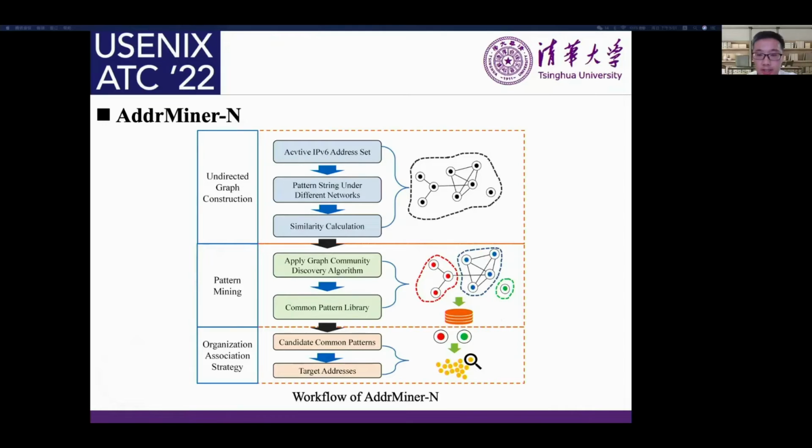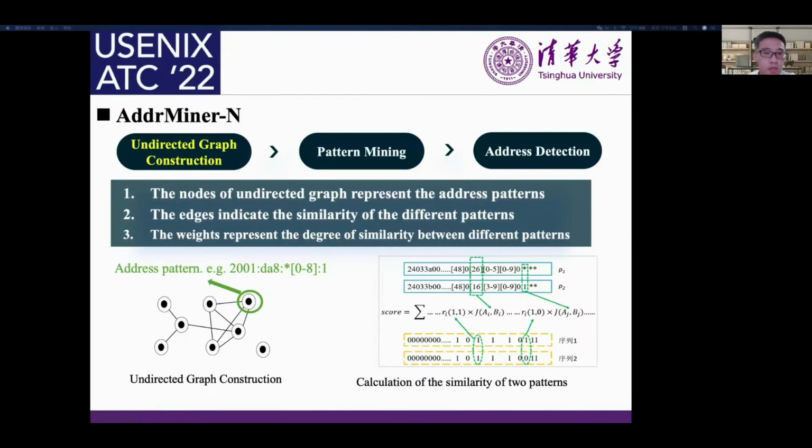AddrMiner-N consists of 3 core steps: undirected graph construction, pattern mining, and organization association strategy. AddrMiner-N constructs an undirected graph to describe the similarity between address patterns.